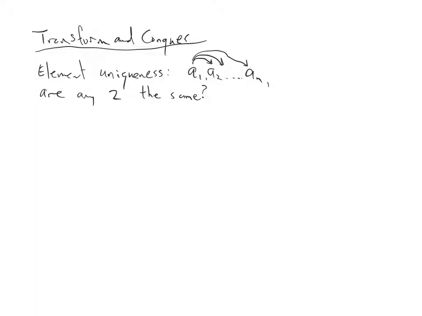If none of those are the same, then you compare a2 to a3, a4, up to an, and so on. This could be a double nested for loop, and this obvious algorithm takes theta of n squared steps, if you count up all the comparisons you're actually doing.